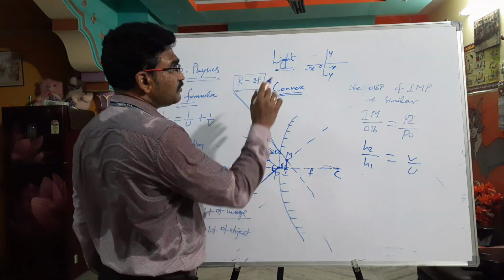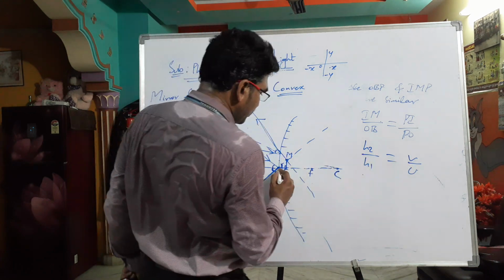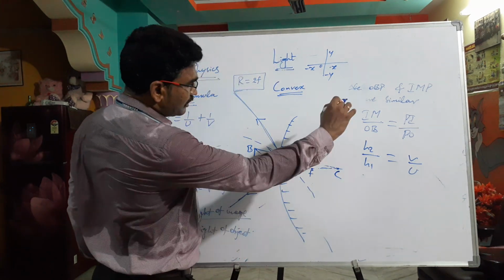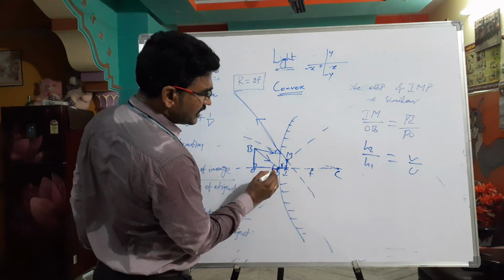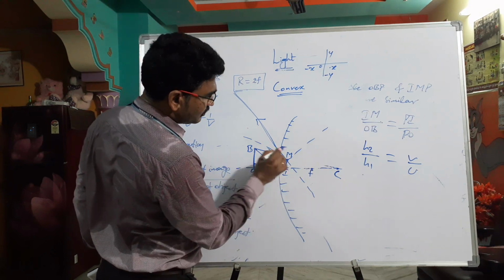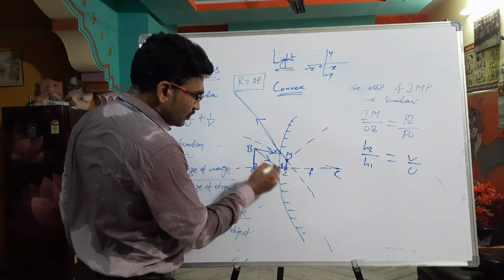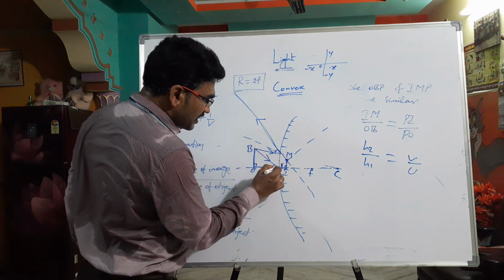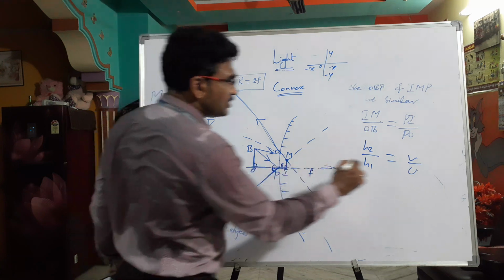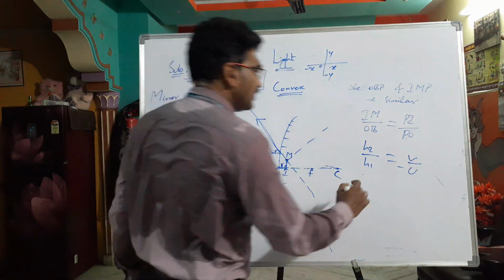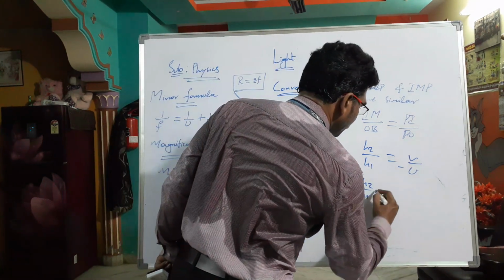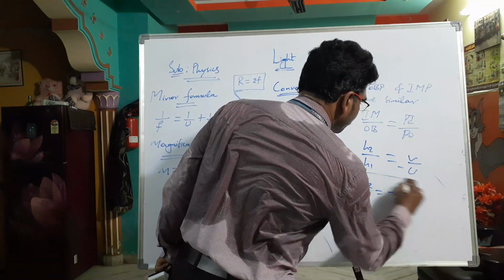H1 is also above the principal axis, that is also positive. V: incident rays are moving in this direction, we are also measuring in this direction, so V is also positive. But object distance U: incident rays are moving in this direction, we are measuring in this direction, PO is minus. So we can say H2 by H1 is equal to minus V by U.